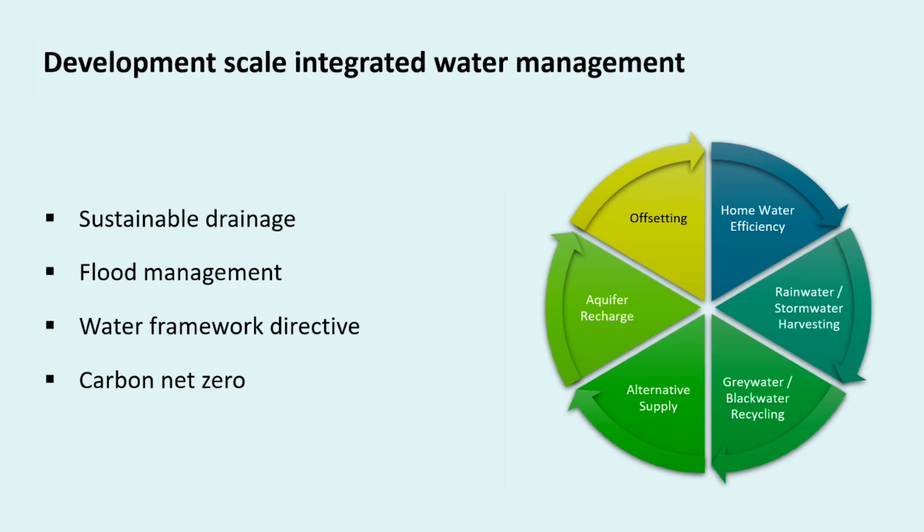Other considerations in a full IWM model would include sustainable drainage, flood management, consideration of the Water Framework Directive, carbon net zero, and other factors. And elements of these can be factored into the development scale approach as applicable. But this offers a good model to follow.